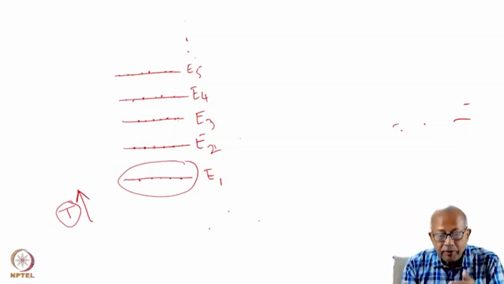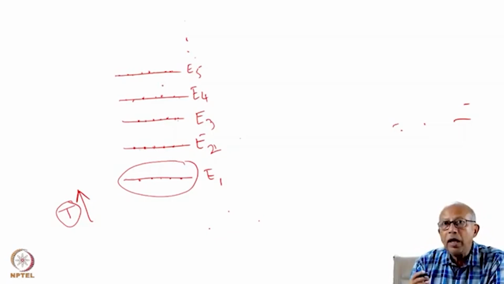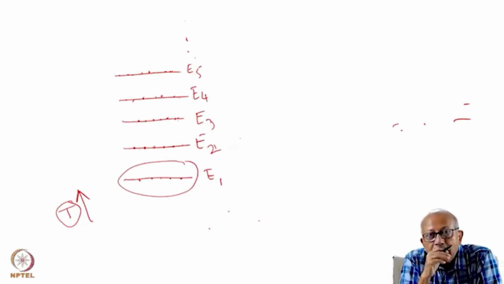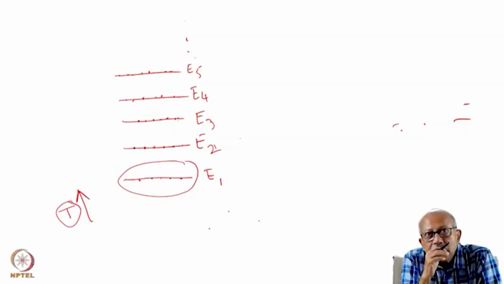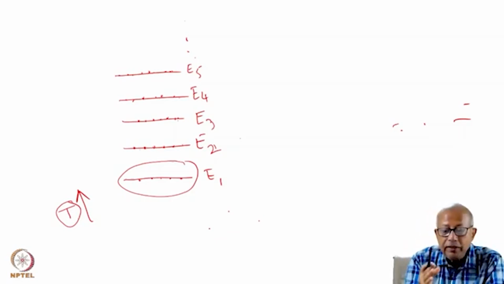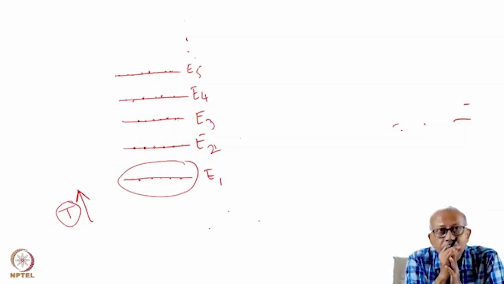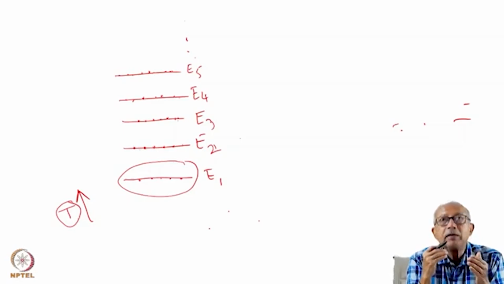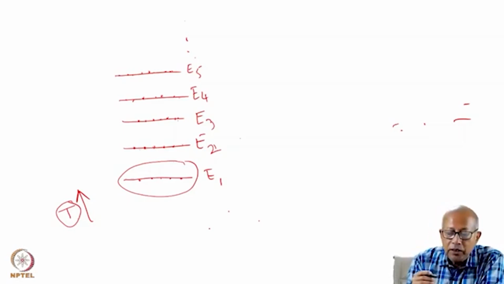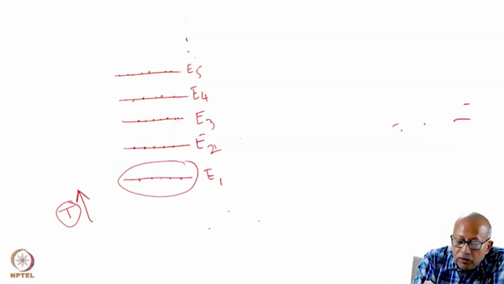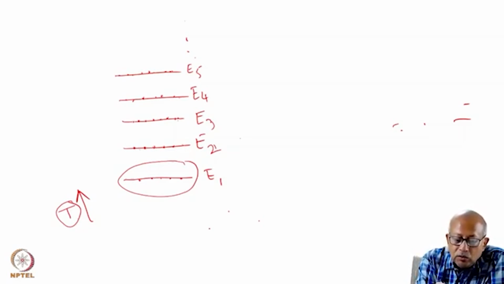But when this relaxation happens, all the energy levels don't relax the same way. Some relax at a faster rate, some at a slower rate. Basically, you mix some other gases with this to ensure that some levels relax faster. Suppose you want to create population inversion between levels E3 and E2.